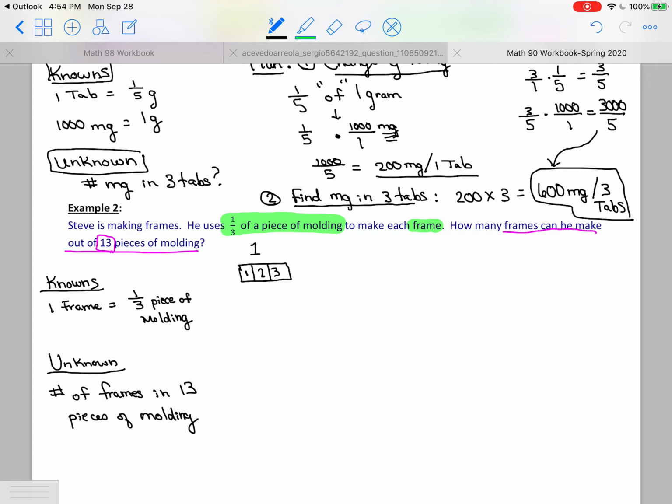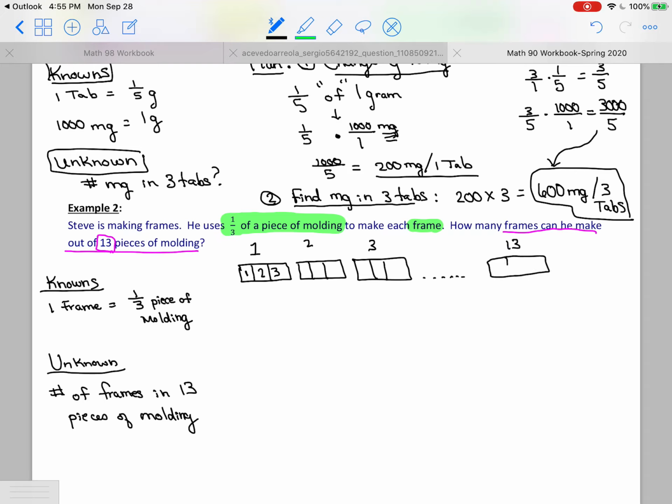Then here's this one piece, right? This is the one piece of molding, and inside here is our 3 frames. Okay, well, we can do this again here. Here's a second piece of molding, cut into 3 sections. Here's a third piece, and so forth. All right, oops, those pieces of molding are not the same, and they tend to be getting bigger as I go. Sorry about that.